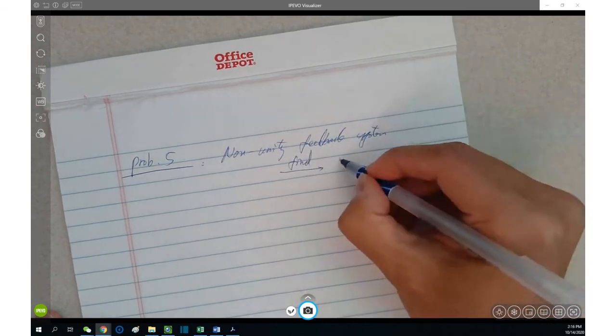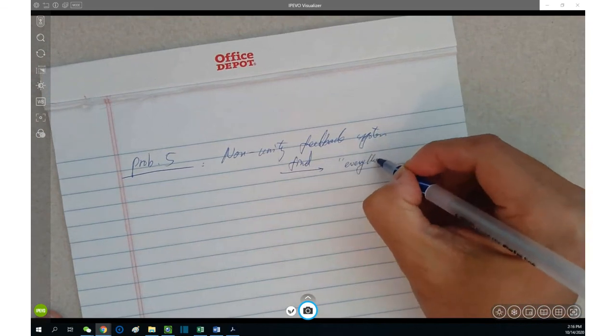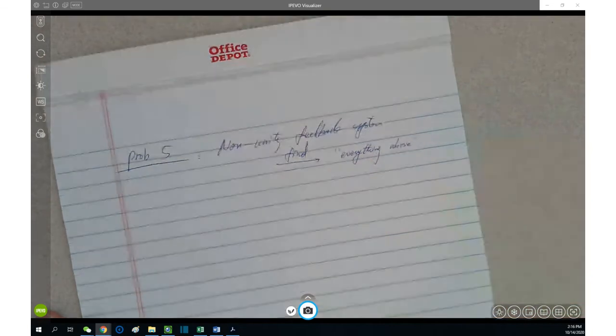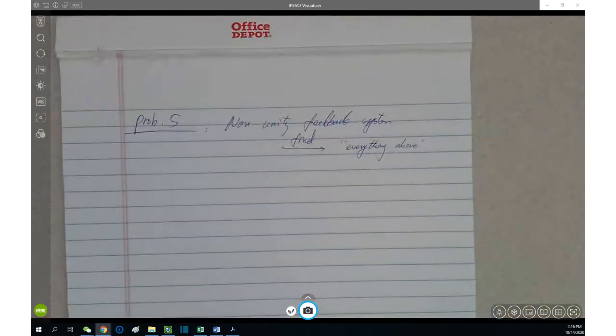Find what? Find everything above, everything we found from the previous problem 4. This is the next lecture, problem 5. You need to attend the next lecture to know what we're going to have.